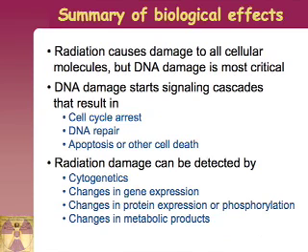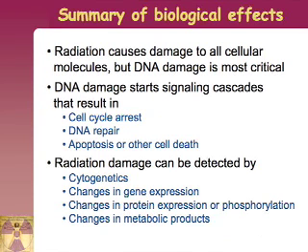And so with that, I've covered all the major points that I hoped to cover today. And just to briefly go over what I've said again, radiation damages all cellular molecules, but DNA damage is really the most critical, what we're most concerned about. This damage to DNA initiates signaling cascades that are horribly complicated, but these result in a lot of cellular endpoints, including cell cycle arrest, DNA repair, and apoptosis or other forms of cell death.